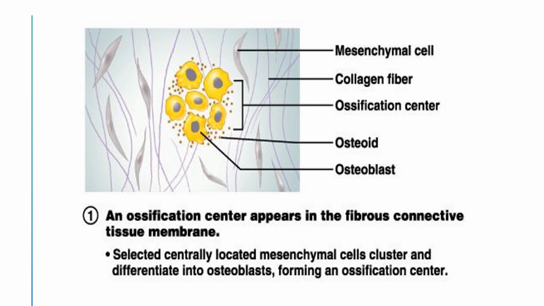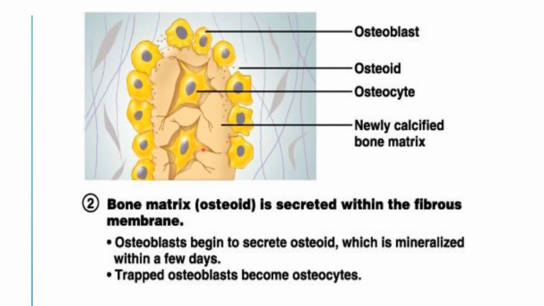So in pictorial form you can see here an ossification center appears in the fibrous connective tissue membrane. So mesenchymal cell, collagen fibers, ossification center, and these are the osteoid and osteoblast cells. And then the bone matrix, osteoid, is secreted within the fibrous membrane. Osteoblasts begin to secrete osteoid, which is mineralized within a few days.